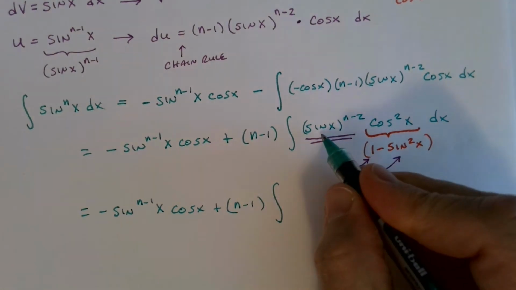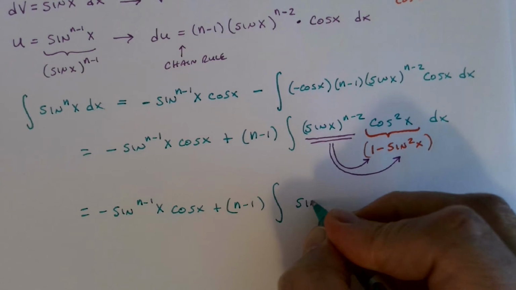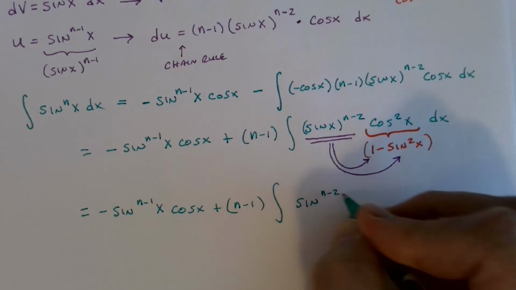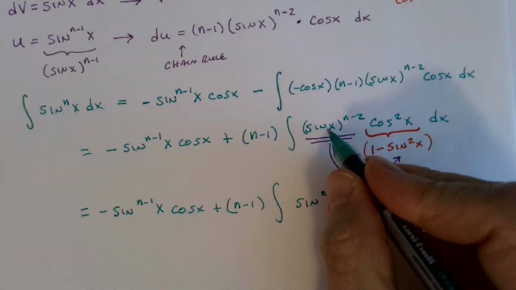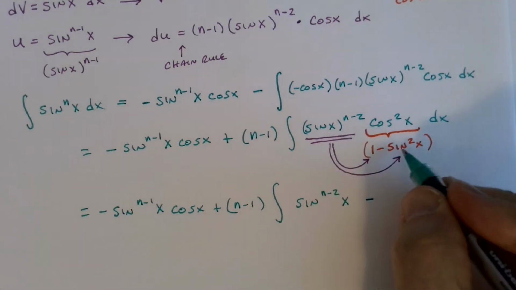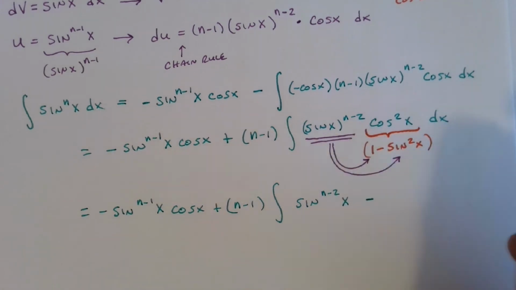Sine of x to the n minus 2 power times 1 is just sine to the n minus 2 of x, and then minus sine x to the n minus 2 times sine squared. You add the exponents. n minus 2 plus 2 is just n.